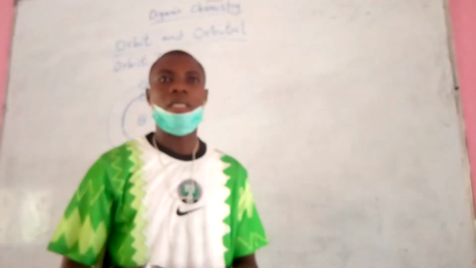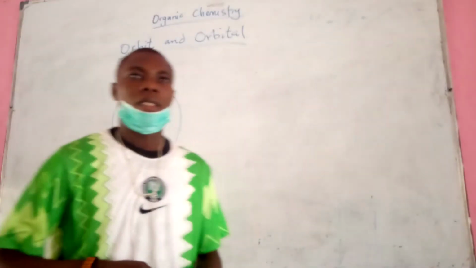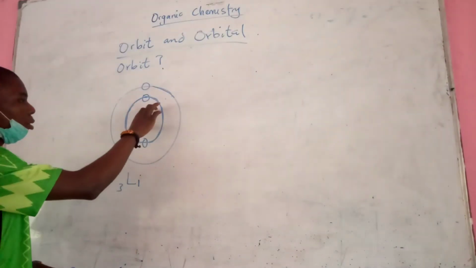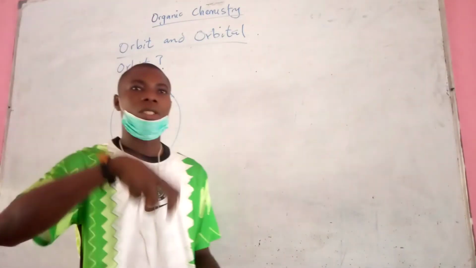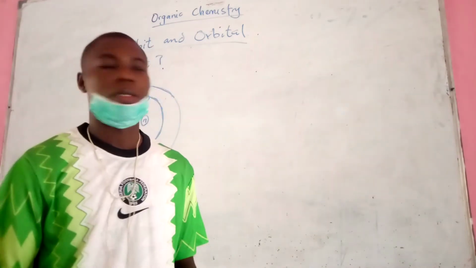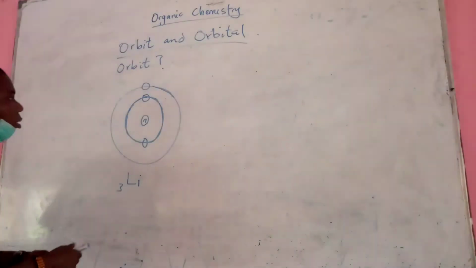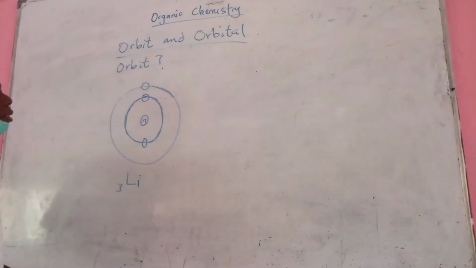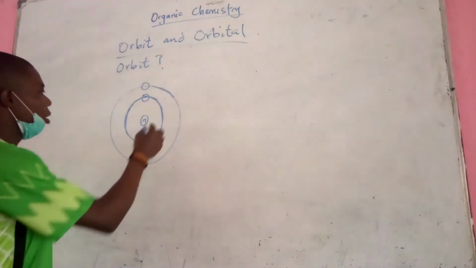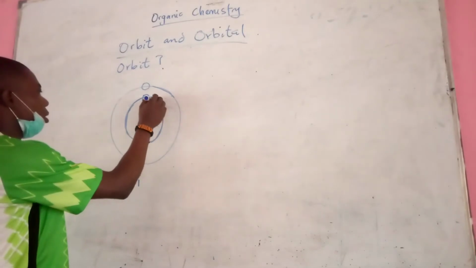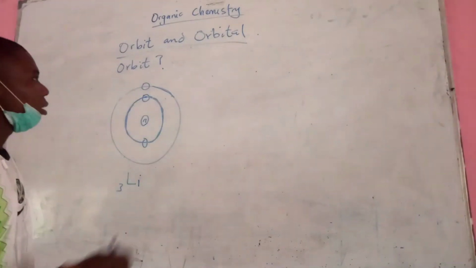Electrons are always in constant motion, in contrast to protons that occupy the nucleus. These are the orbits. So an orbit is just the elliptical path.